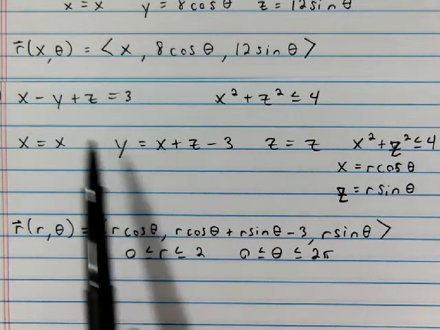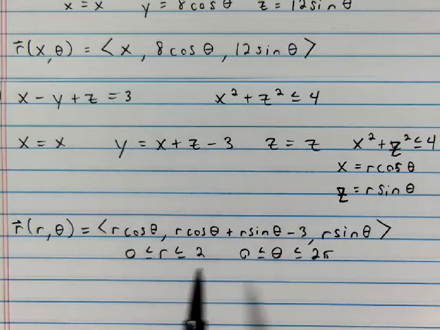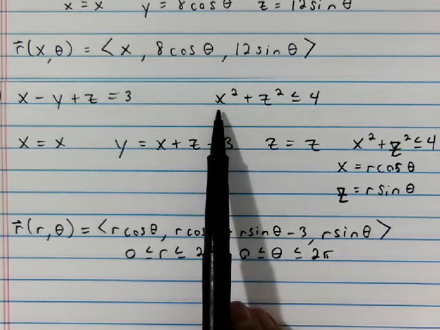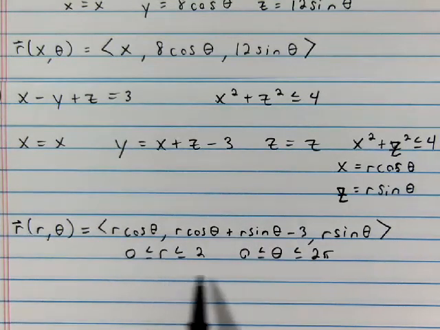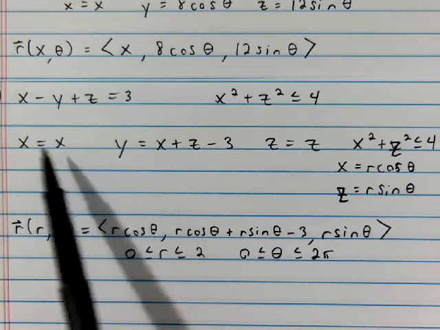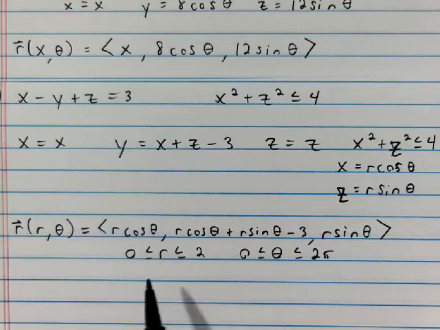So if you run into a problem like this where you can't give explicit numerical bounds on your r and your theta, or whatever your parameters are, not r and theta necessarily, then you need to change things from this to something like this where you can give specific numbers. So to answer that question, yes, you would need to change from here to this.